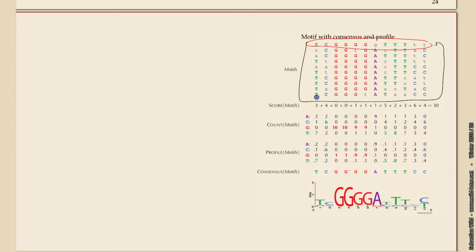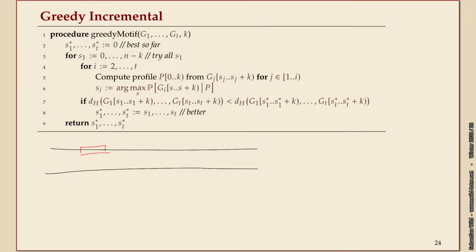So you take your current selection from the starting indices you have, the current selection of k-mers, of length k substrings. In each column, you separately count how often the letters occur, and you turn that into probabilities. I'll comment on the zeros in a second. So that's what's meant by profile here.